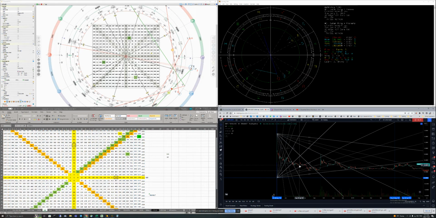What is that? 44. Interesting. 44 is a cycle ending number. Let's just make that an even 44.